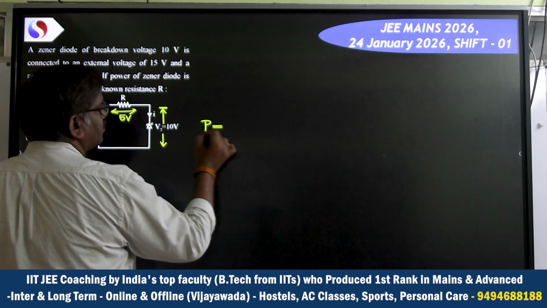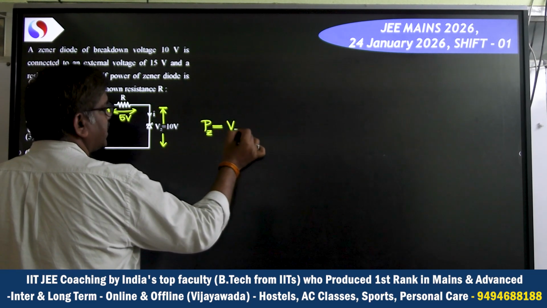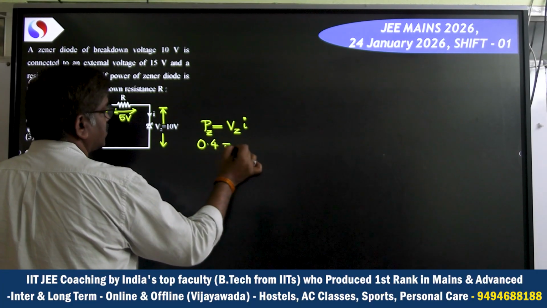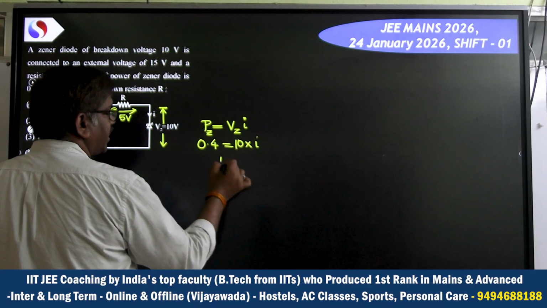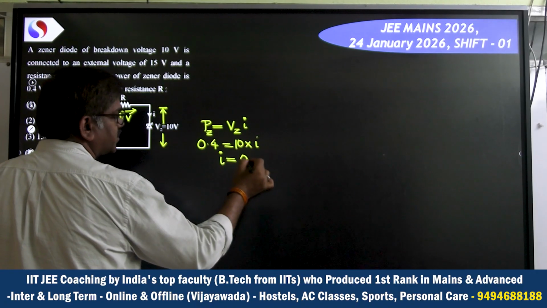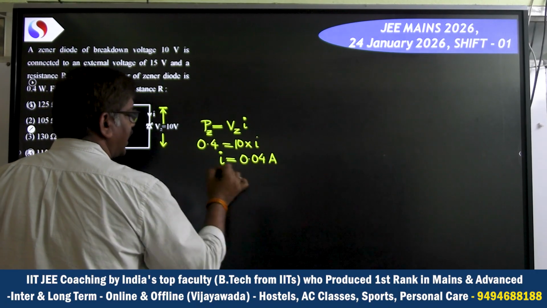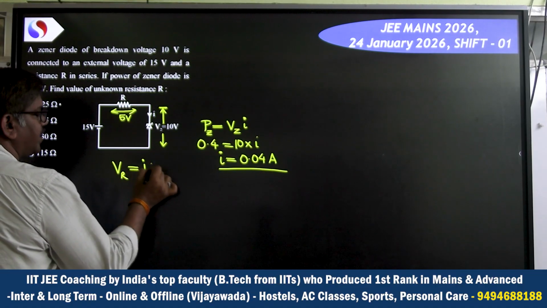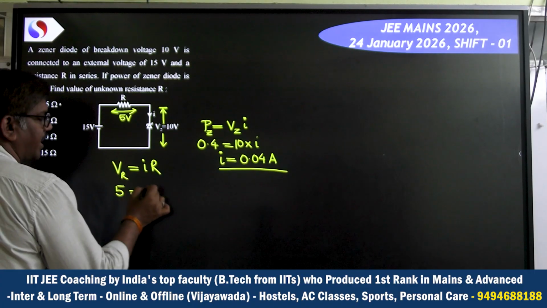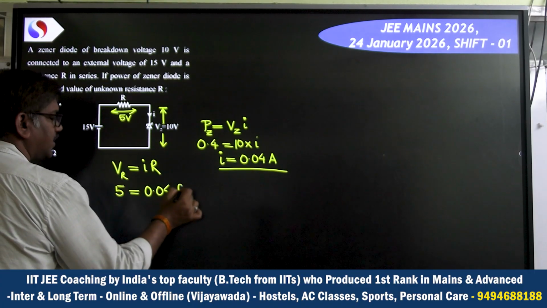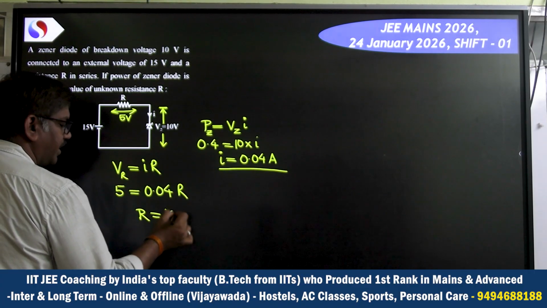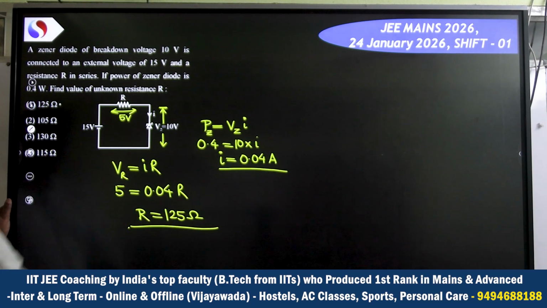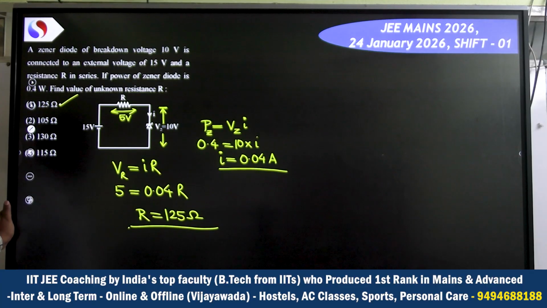So it is Vz into I. That means 0.4 equals Vz, which is 10, into I. This way you get the current in this circuit, which is 0.04 ampere. With the help of this current, I know the potential across R is I into R. So 5 equals 0.04 into R. We get R as 125 ohms, since 500 by 4 is 125 ohm. That is your answer.